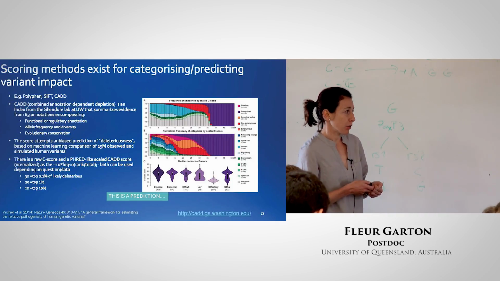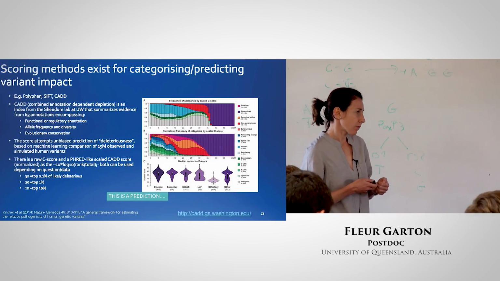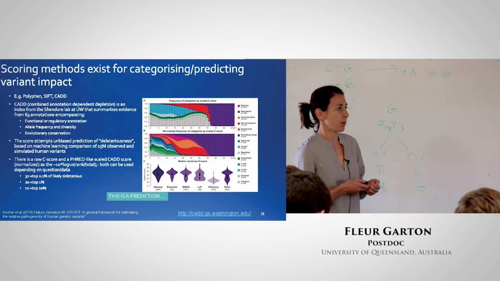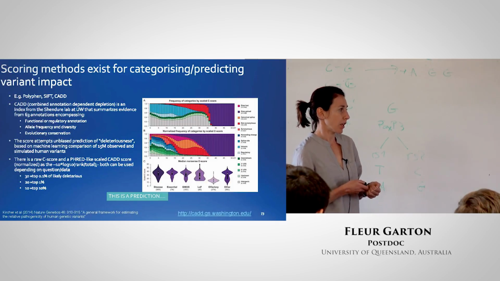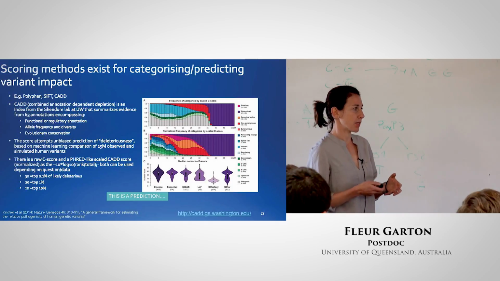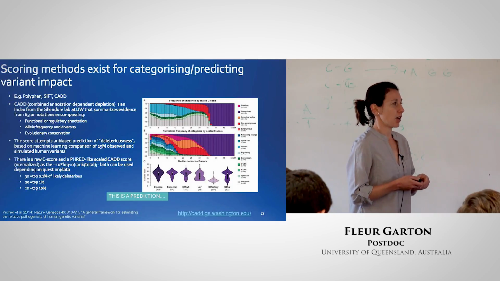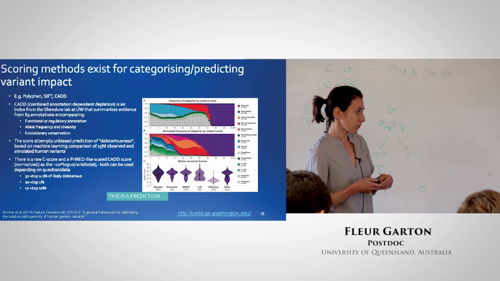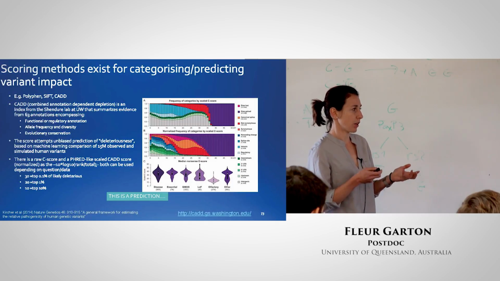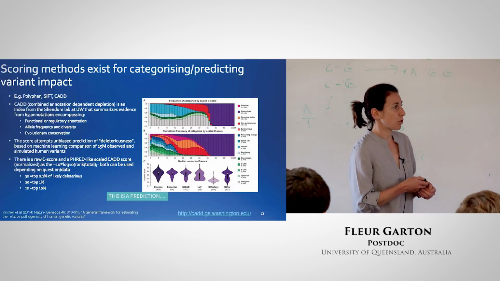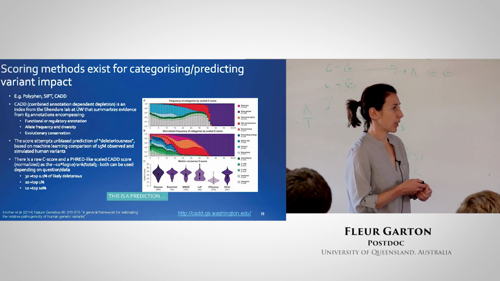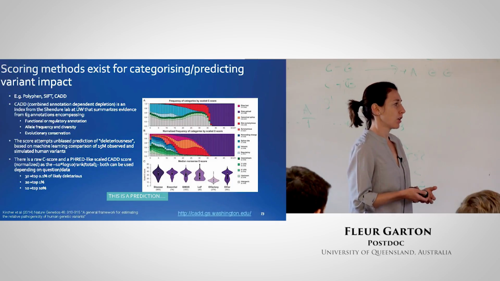To provide you with an example of the scaled score, if it's scoring 30 or above, so this is the x-axis here, then it's the top 0.1% of likely deleterious variants. 20 and above is the top 1%, and then 10 is the top 10%. These are enriched for things like stop loss or stop gain, so these are predicted to be more likely deleterious to function.